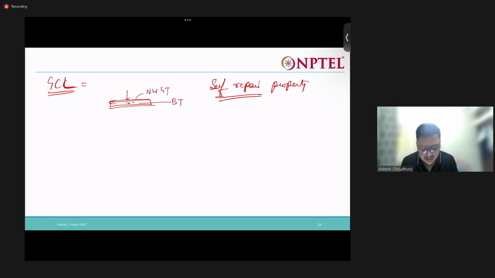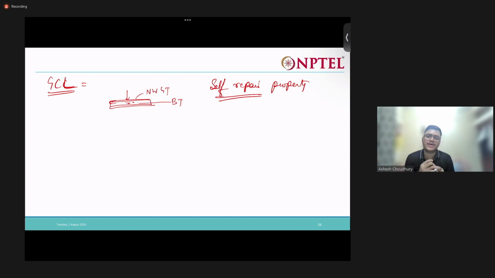Why self-repair property? If you remember, you have studied the properties of bentonite, I hope so, in basic soil mechanics in the first chapter, the clay mineralogy chapter. Clay minerals and all these things we are taught in basic soil mechanics. In that chapter we also learned about bentonite.